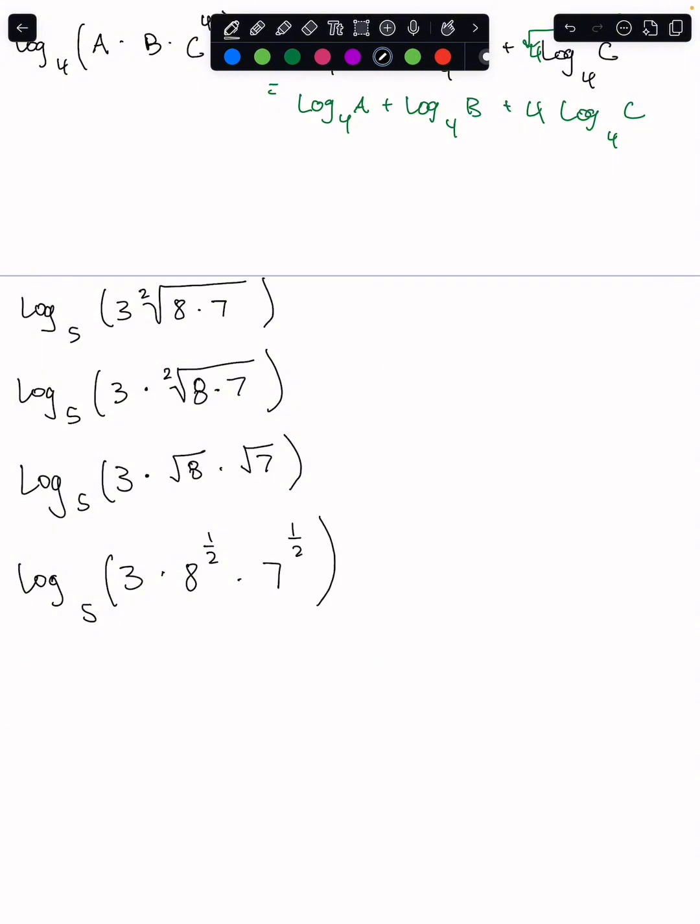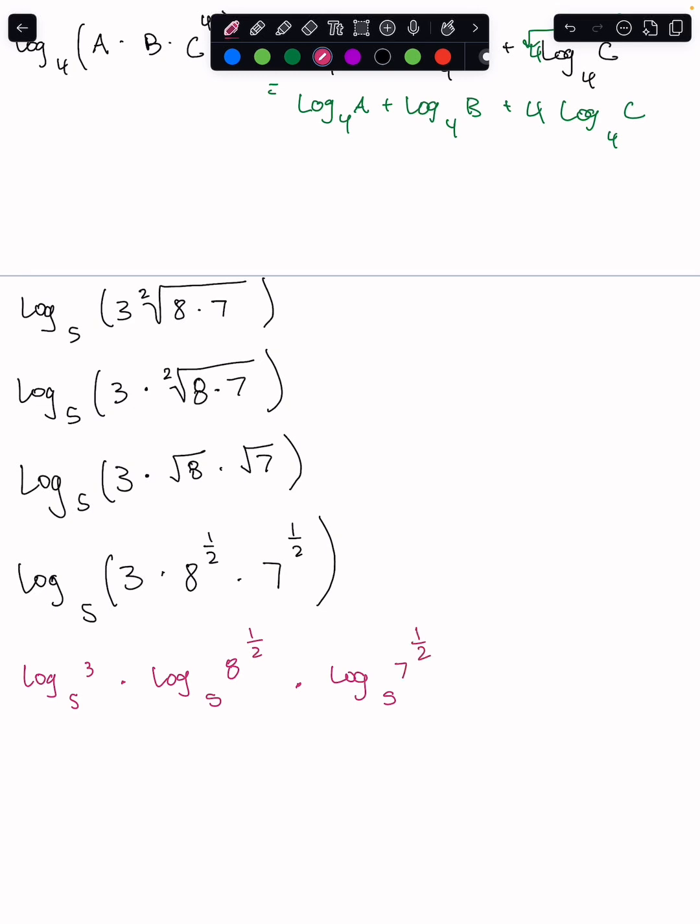Now that I have it all broken down like I want to, I can say, okay, this is log 5 cubed times the log of 5 times 8 to the 1/2 times log 5, 7 to the 1/2.